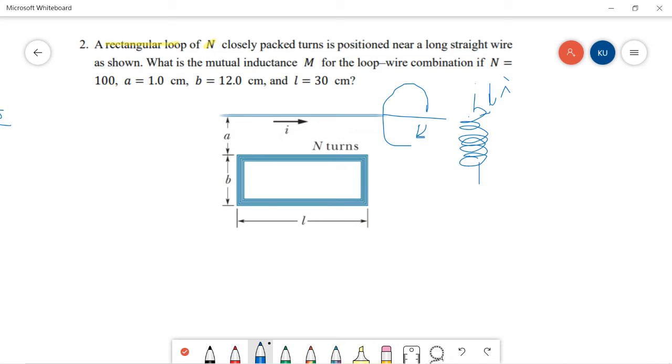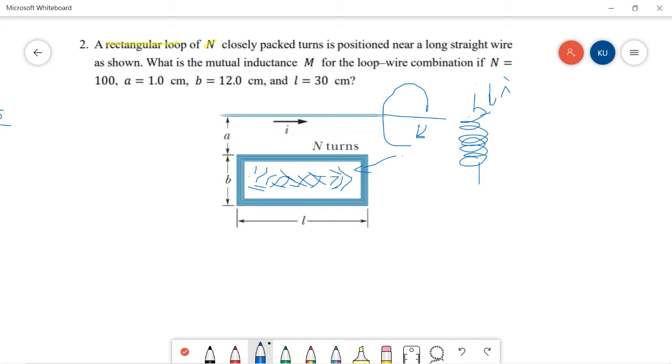Actually, there will be some magnetic field crossing this area, so it will generate a magnetic flux across this area.